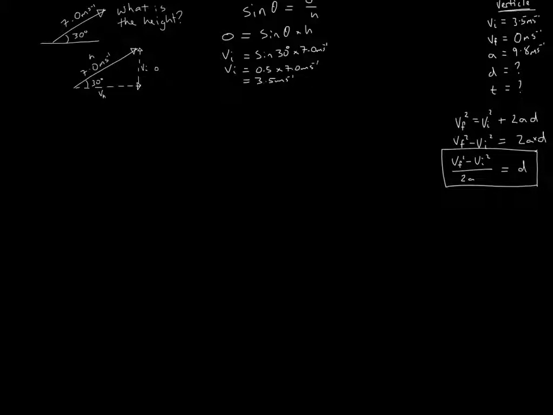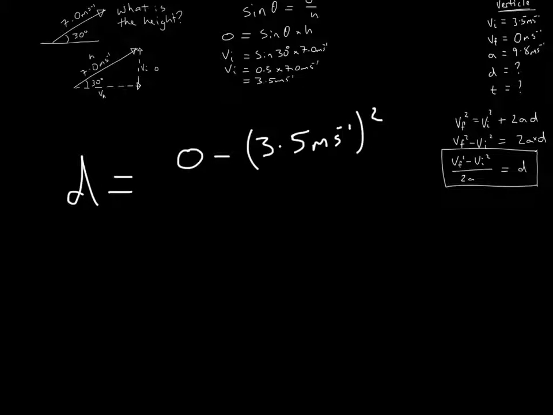Distance equals VF, okay, that's pretty easy, 0 minus VI squared, 3.5 meters second negative 1 squared, divided by 2 times negative 9.8.